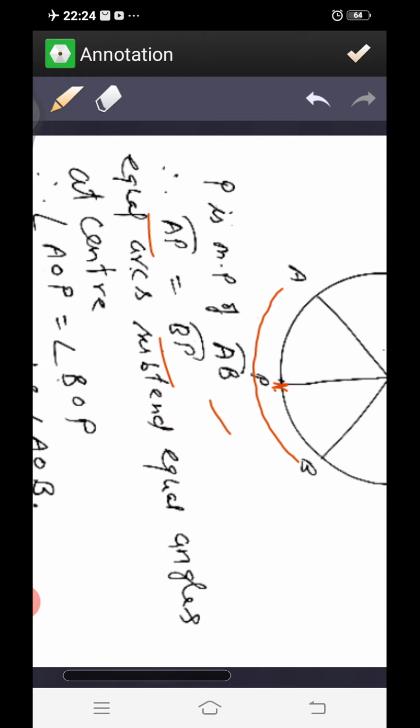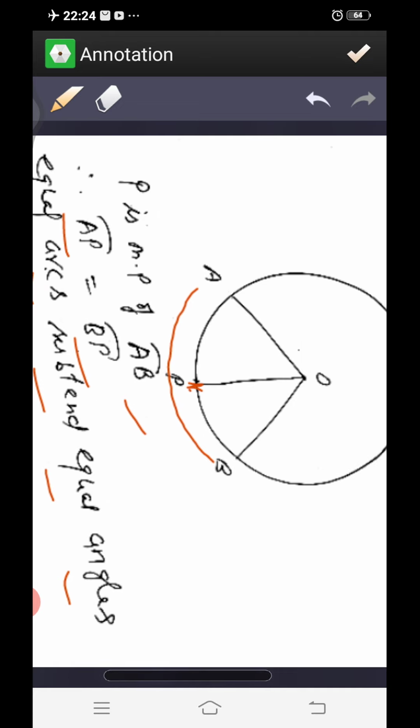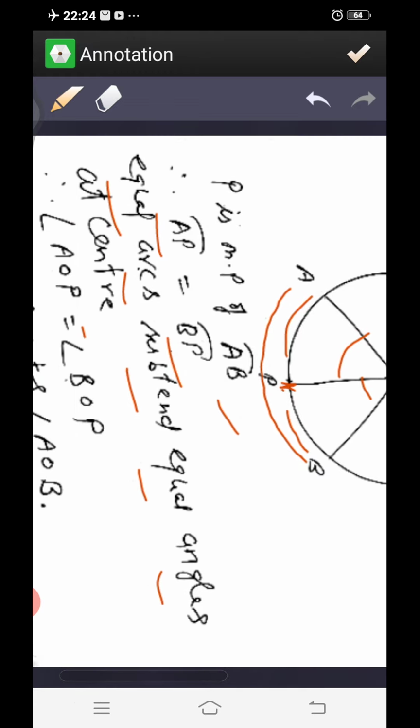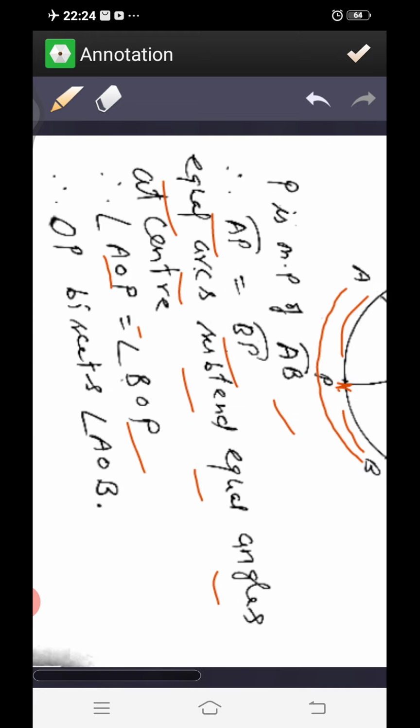We know that equal arcs subtend equal angles at the center. These arcs AP and BP subtend equal angles at the center. Both angles are equal. Therefore angle AOP equals angle BOP, that is, OP bisects angle AOB. This is what we have to prove.